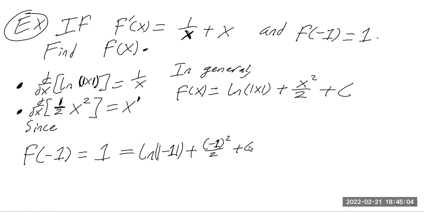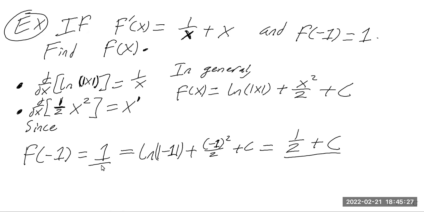And then C has no dependence on x whatsoever, so it just stays as is. Now, what you should know is that the natural logarithm of 1 is 0. And because this is squared, this becomes a positive 1/2. So this simplifies to 1/2 plus C.